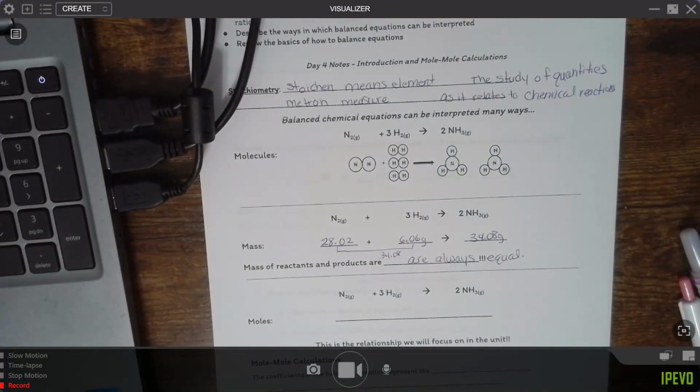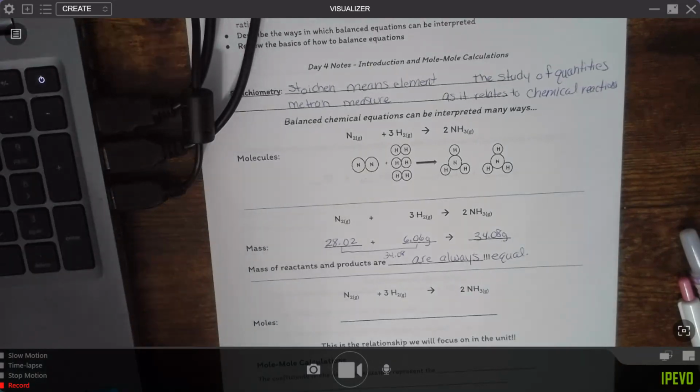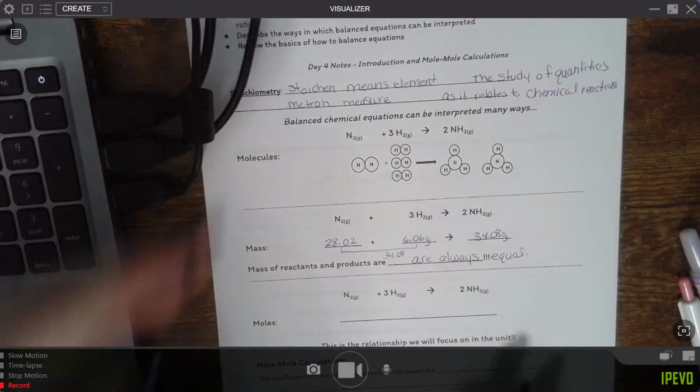Finally, and this is the way that we are going to use, we can say that this is showing us in terms of moles.